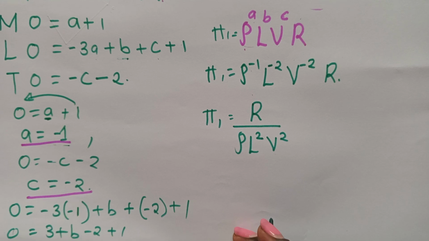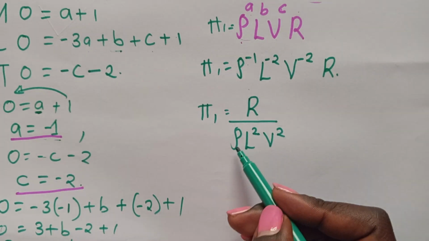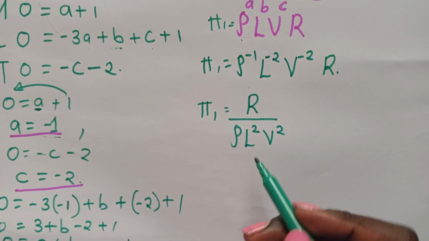That is our first pi term: R over rho L squared V squared.